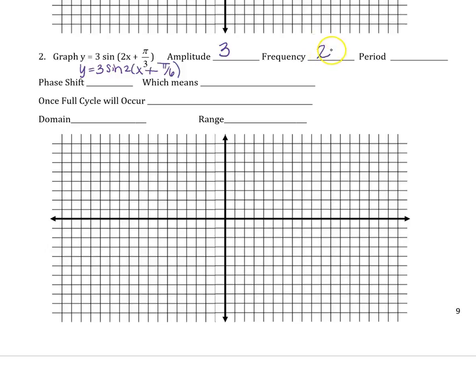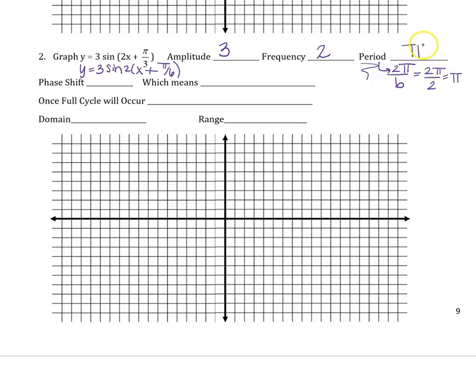So that means between 0 and 2 pi, you would see 2 full sine curves. But if I only want to see one sine curve, that's where the period comes from. The period is always equal to 2 pi divided by the frequency. So in this case, 2 pi divided by 2 is just pi.